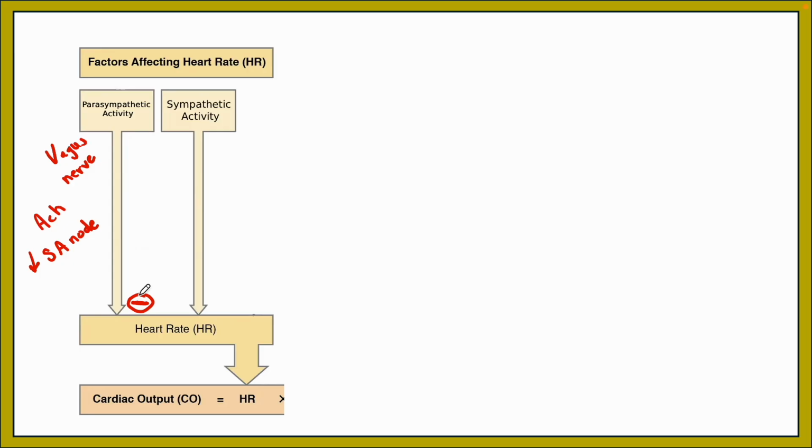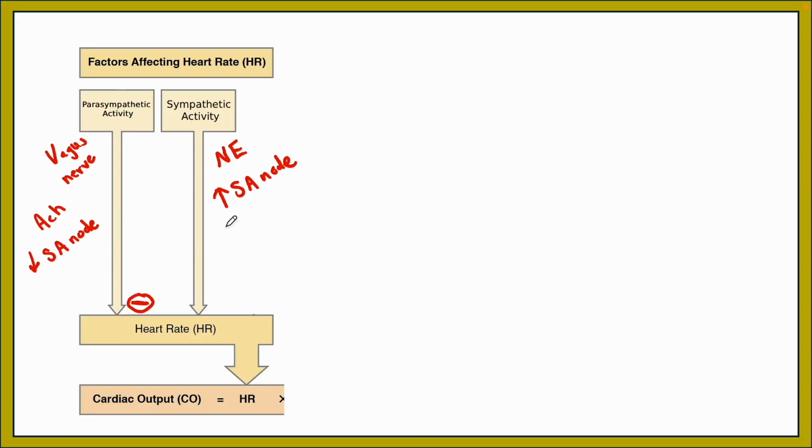Sympathetic activity then is going to do the opposite. So this is going to be nerves that go to the heart. They are going to release norepinephrine. At the terminals, the norepinephrine is going to increase the SA node firing rate, so it increases the rate at which the SA node fires. That has the effect of increasing the conduction speed through the AV node and will affect contractility, which then affects the stroke volume as well.